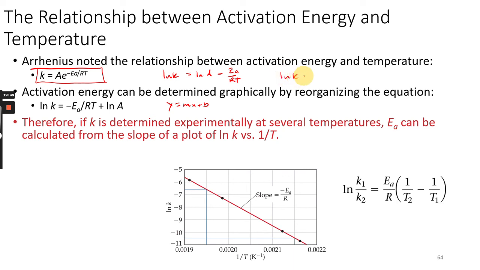So we have the natural log of k is equal to negative Ea over RT plus the natural log of A. So then if we plot the natural log of k versus 1 over T, the slope is negative Ea over R. So therefore, if k is determined experimentally at different temperatures, and we plot it versus 1 over temperature, we can figure out the activation energy.